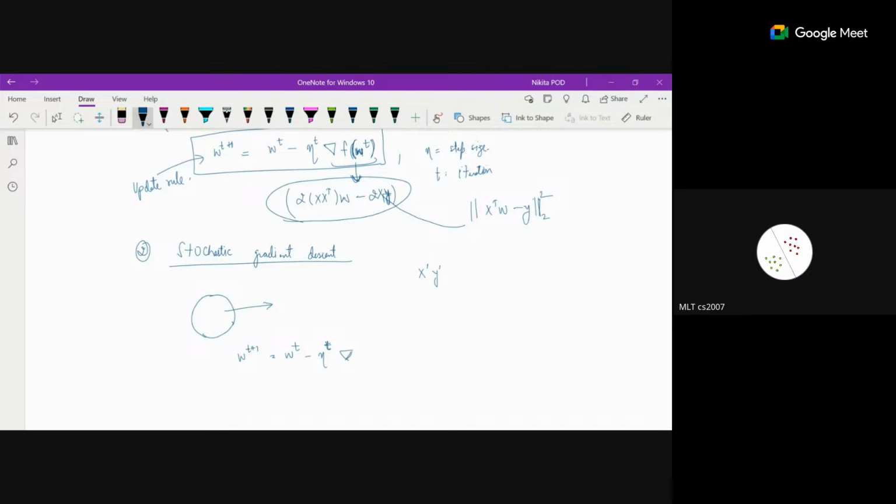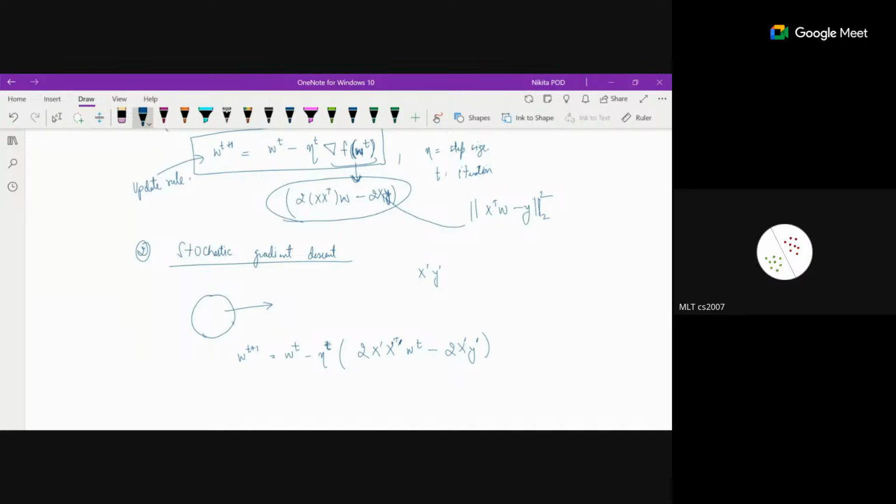So the grad of f of W(t) will be 2 times X dash X dash transpose W(t) minus 2 times X dash Y dash, something like that, right?